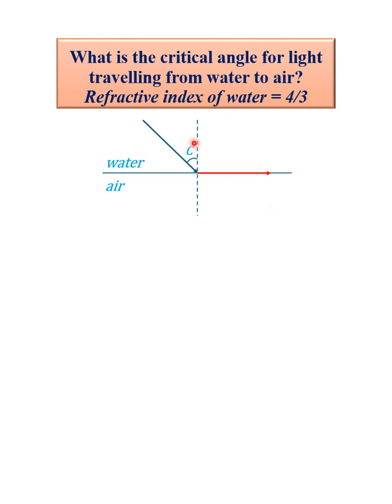If you increase the incident angle further to something like this, the refracted ray increases further away from the normal. If you keep increasing the incident angle, it gets to an angle known as the critical angle, for which the refracted ray makes 90 degrees to the normal.